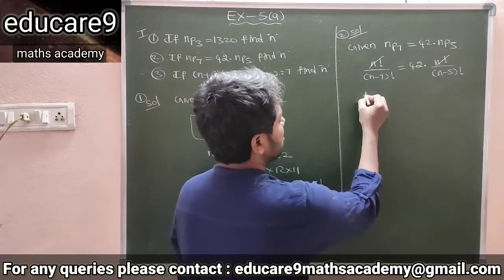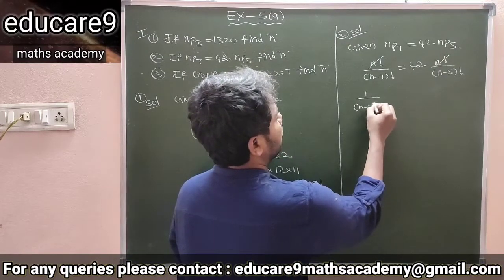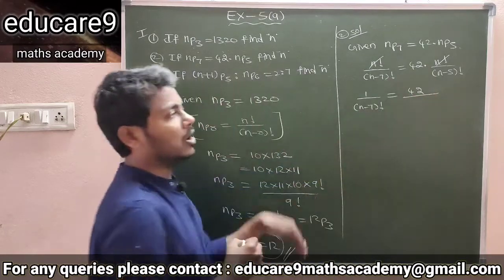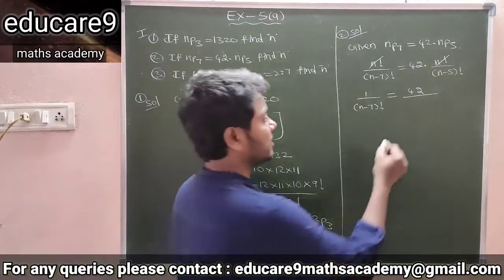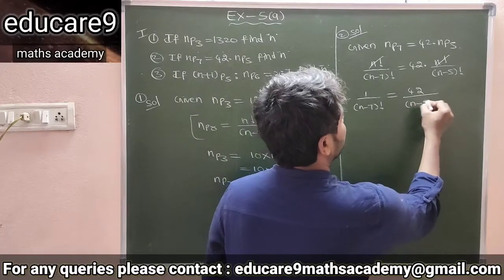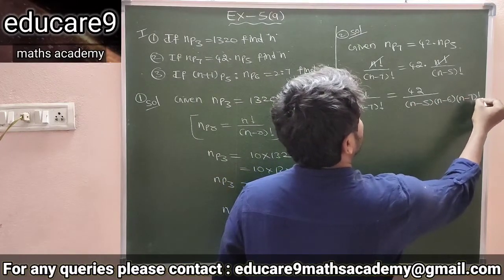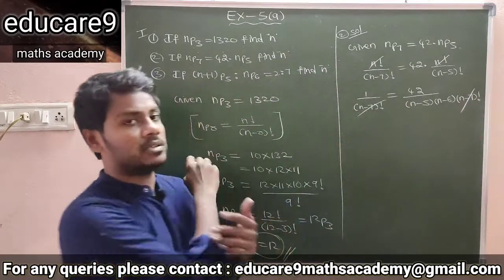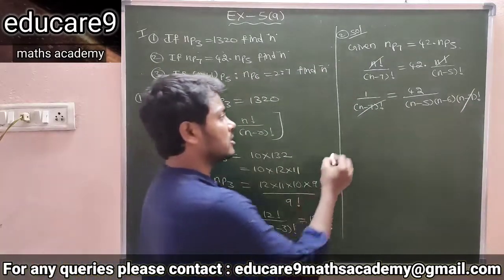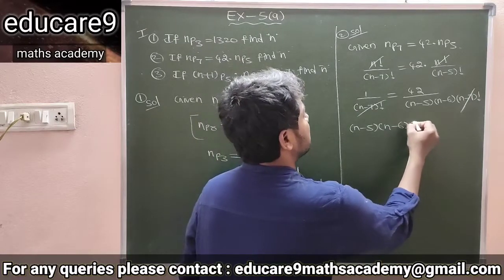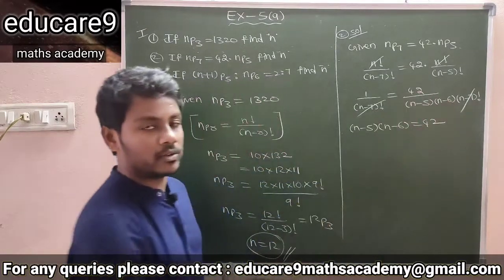Now 1 by (n minus 7) factorial is equal to 42 by (n minus 5) factorial, which is (n minus 5) into (n minus 6) into (n minus 7) factorial. Both sides, (n minus 7) factorial gets cancelled. So you will get (n minus 5) into (n minus 6) is equal to 42.